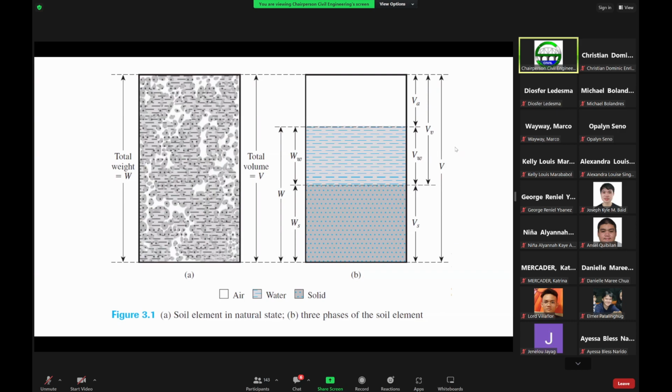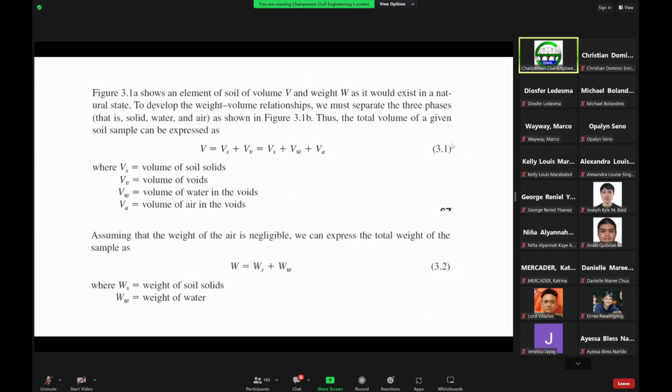I hope that's clear. Just rephrasing it here, the total volume is equal to the volume of the soil solids, V sub S, plus the volume of the voids, wherein the volume of the voids is equal to the volume of the water in the voids plus the volume of air in the voids.